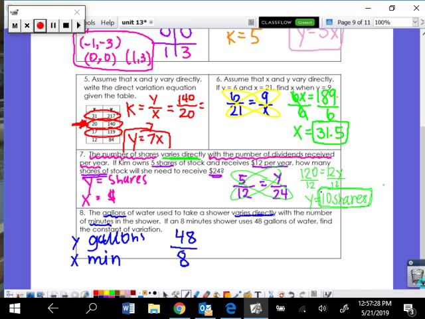So all we're going to do is 48 divided by 8, which is 6. So this means that you use 6 gallons of water per minute. So we just did y divided by x to get the constant of variation k.